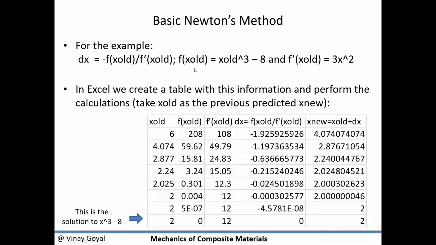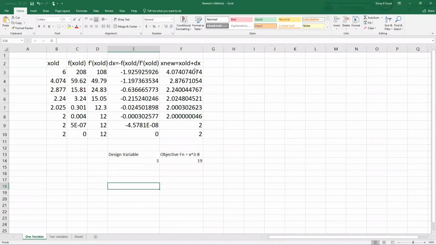And now to illustrate this in Excel, we go here, and we've implemented that here. X old is 6, f(x old) is B3 cubed minus 8, B3 is that cell there. Then we have f(x old) prime, which is 3 times this cell squared, and then dx, which is a ratio of these two, negative. You can see that's a ratio right there.